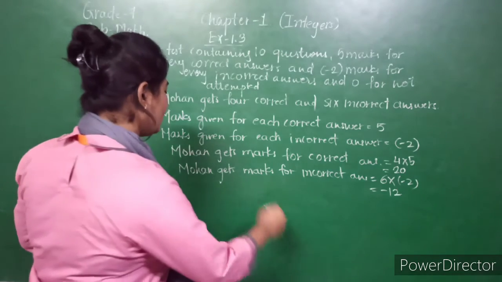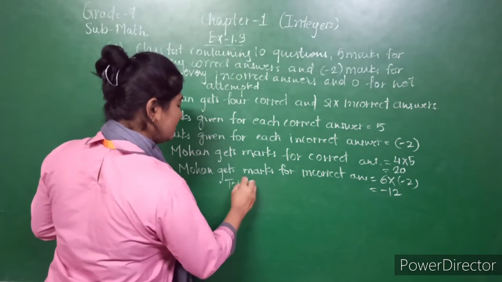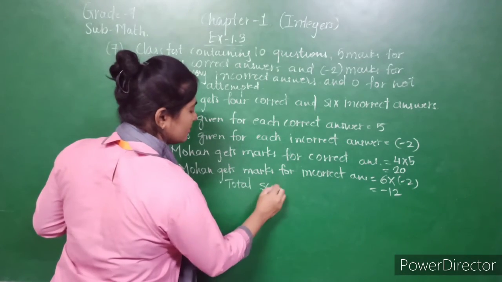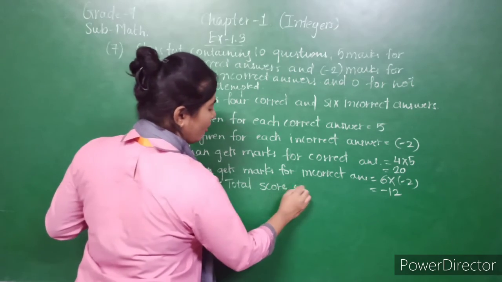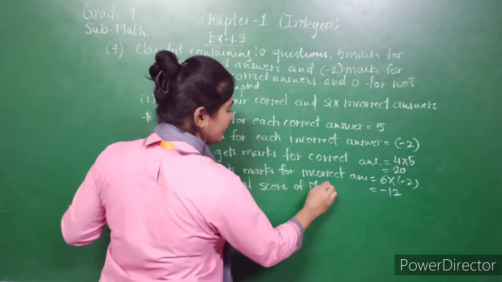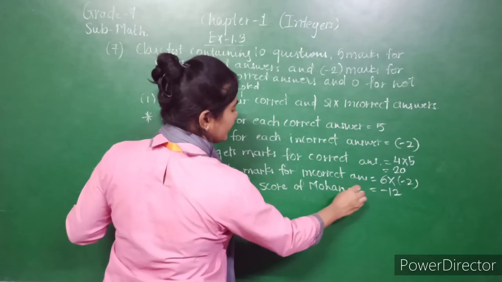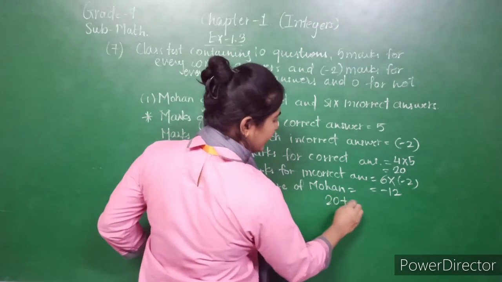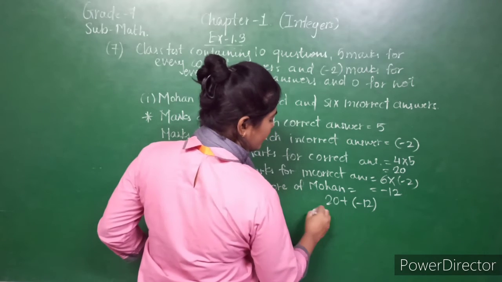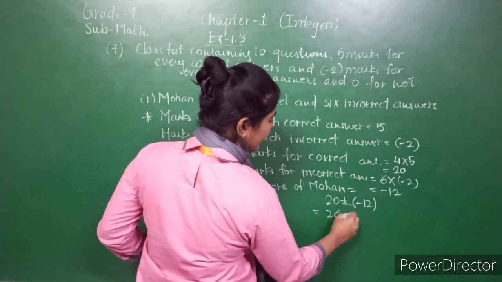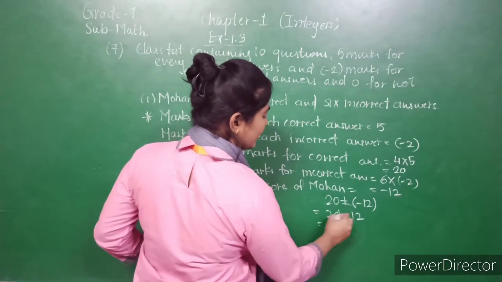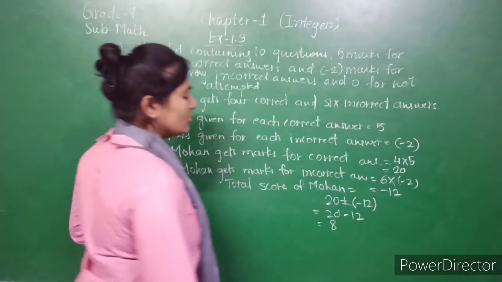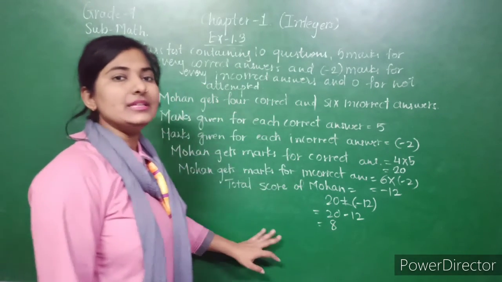Now we have to write the total score. So total score of Mohan is equal to 20 plus here minus 12. So it is 20 plus minus, it is minus. So 20 minus 12 is 8. So here Mohan scored 8 marks.